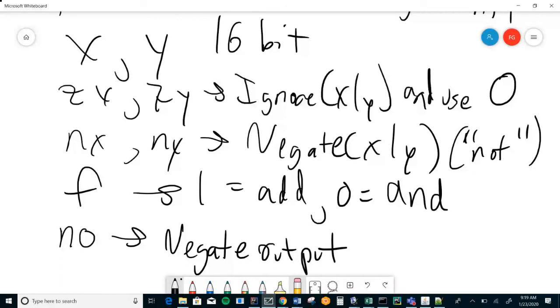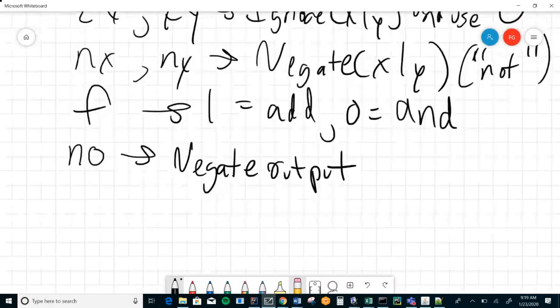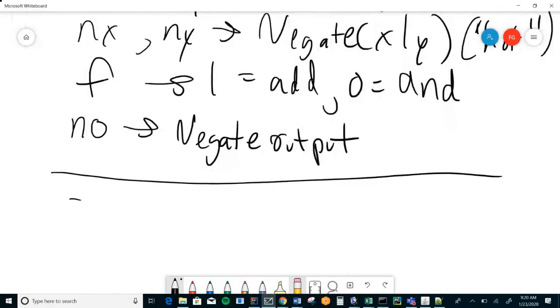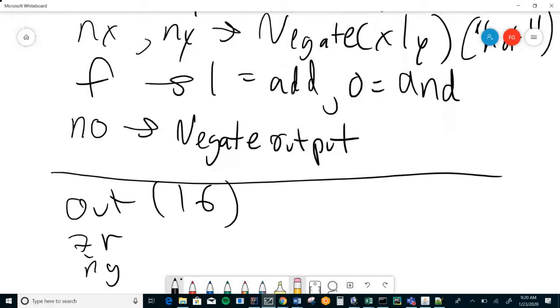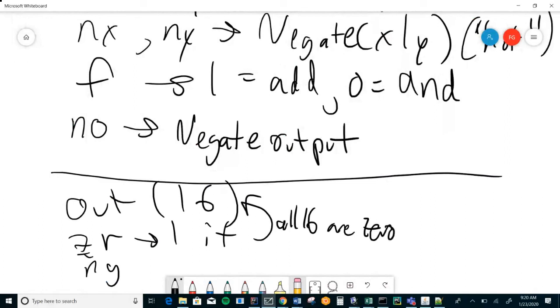So the outputs are as follows. There's going to be out, which of course is a 16-bit output. And then there's ZR and NG. ZR is a 1 if all 16 of those bits are 0. Otherwise, it's a 0.